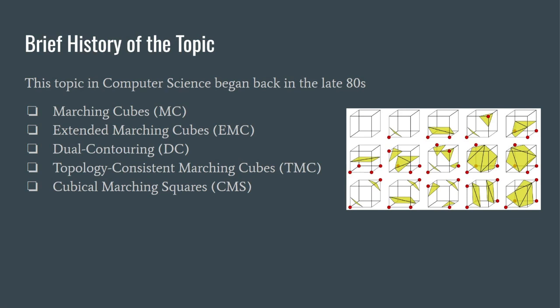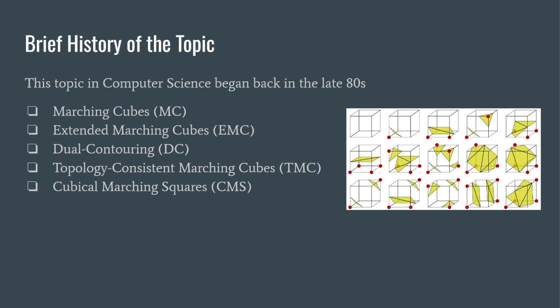To fully understand this algorithm, a brief walk through history regarding this topic is necessary and to understand why this algorithm was created. So, this topic of surface extraction from volumetric data started back in the late 80s with the invention of the marching cubes algorithm by Lorensen and Cline.